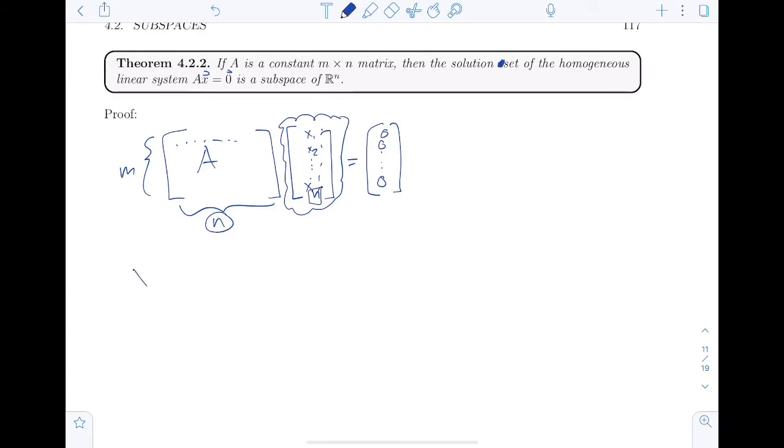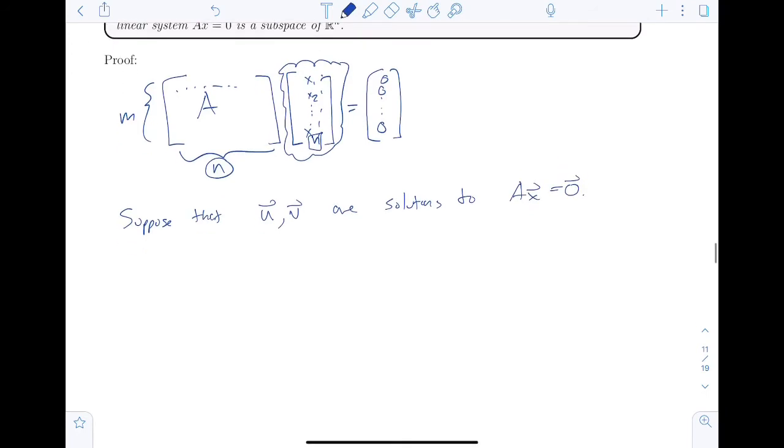So let's pick different letters. Suppose that u and v are solutions to Ax = 0. What does that mean? That means that A times u is equal to 0 and A times v is equal to 0.